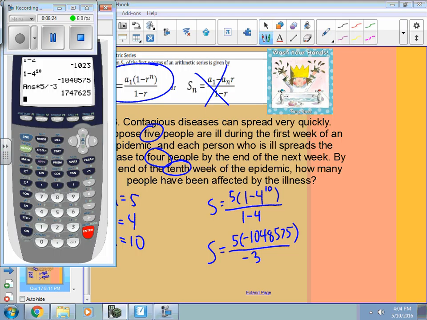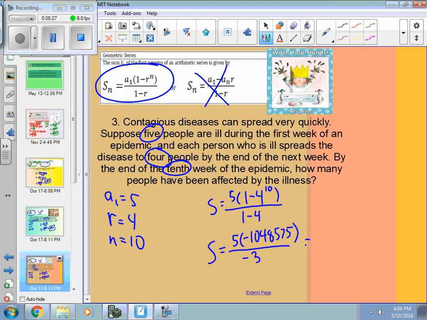And it looks like after 10 weeks, this is in the millions of people. And that's why diseases that can spread quickly are taken very seriously. There are World Health Organizations that monitor this type of thing, to make sure there are no outbreaks or epidemics that happen.